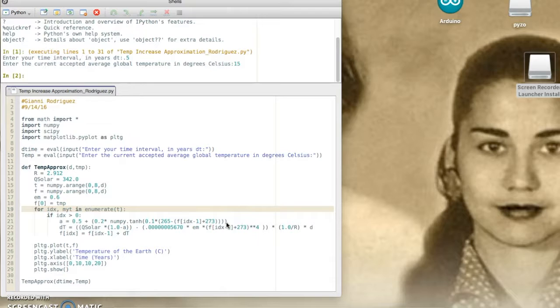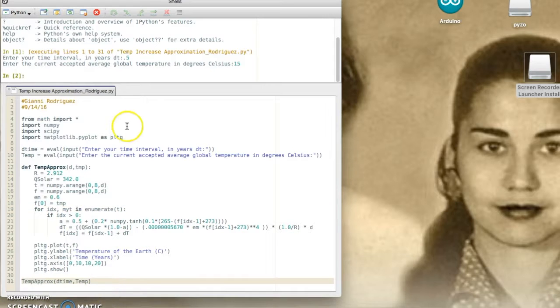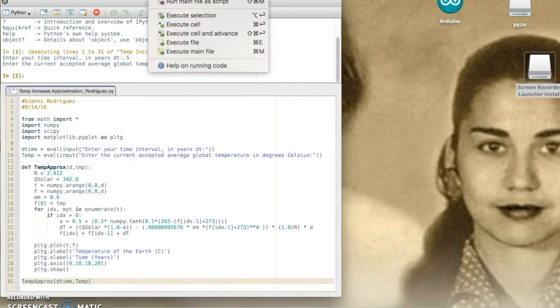In my reiterative method, the initial temperature that the user inputs will get looped through these equations. As each temperature passes through these equations, it will output a new temperature value that will be the y values of the output graph. So I will demonstrate this now.